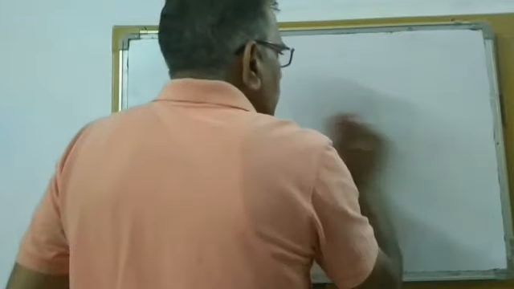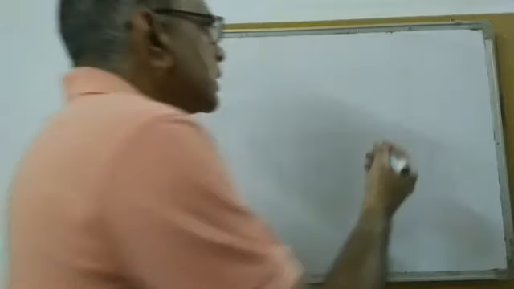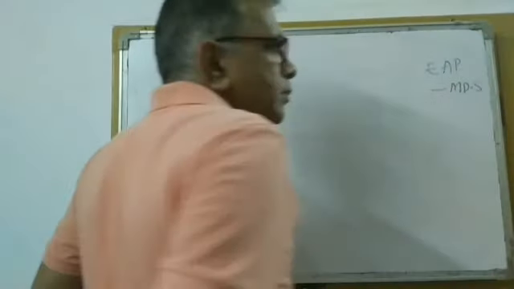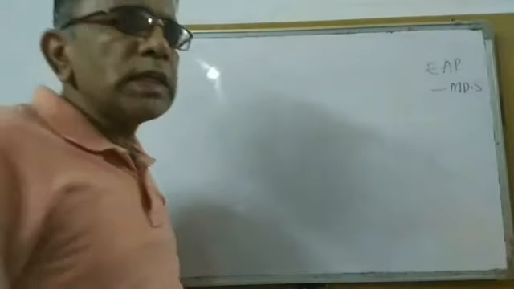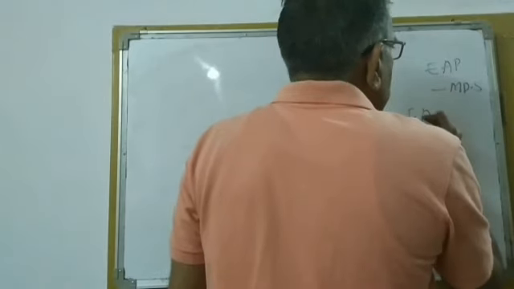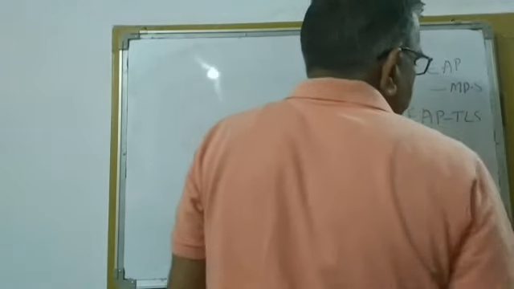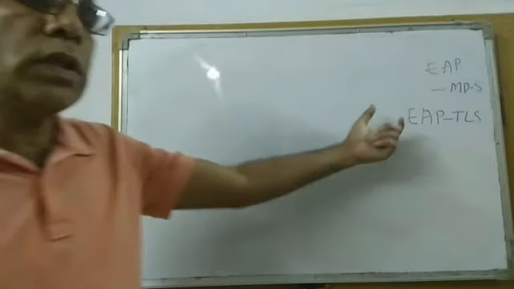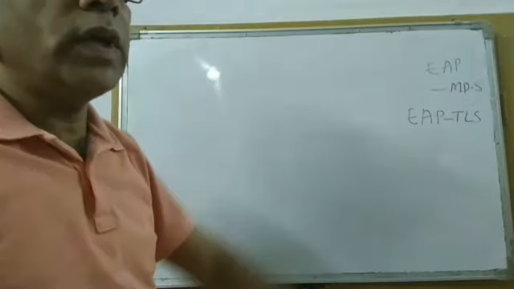Here we are concentrating on two versions of EAP. That is EAP-MD5, which is very simple among the set of EAPs provided. The second we are going to discuss is EAP-TLS, which is very much secure among the list of EAPs.